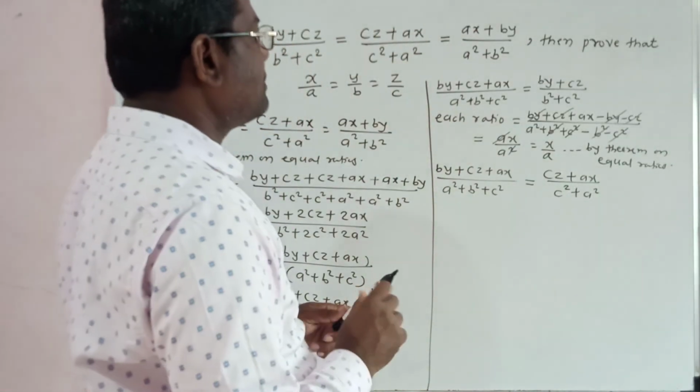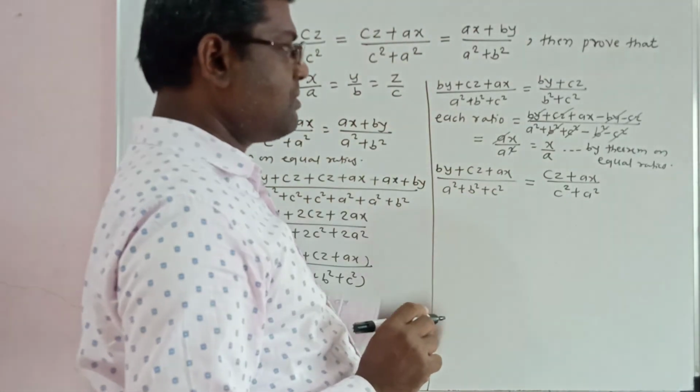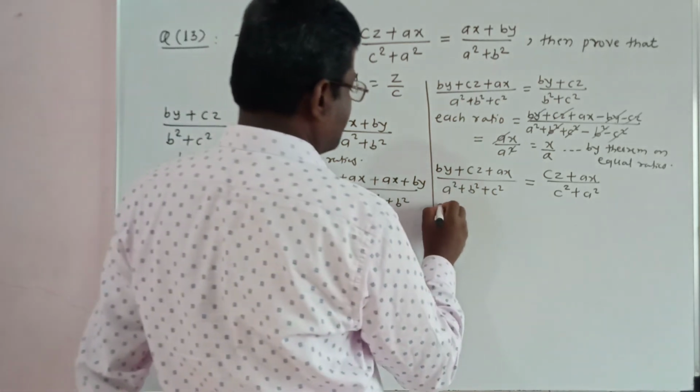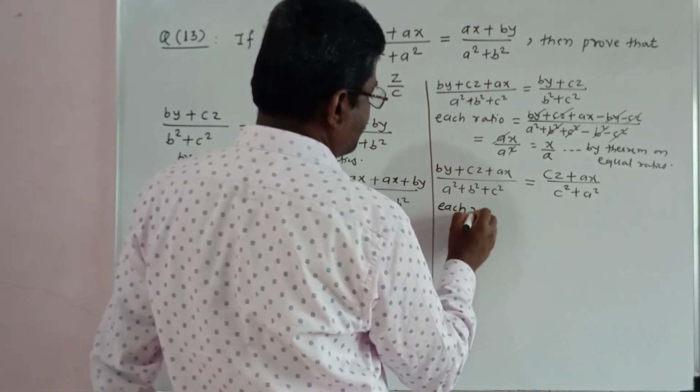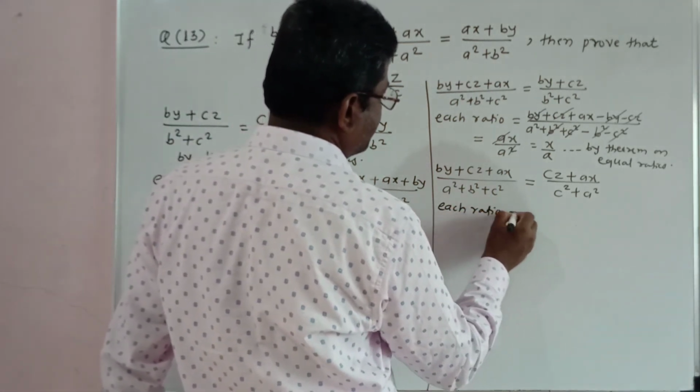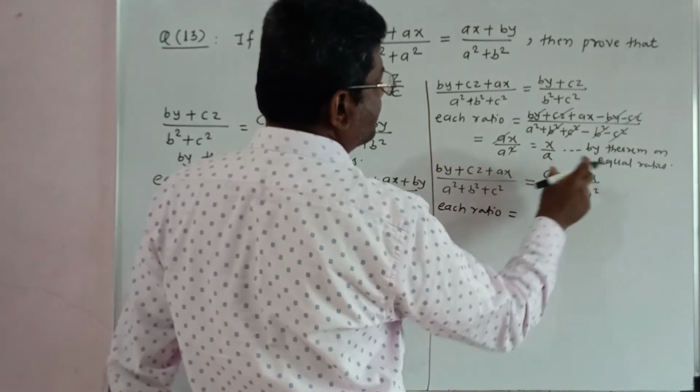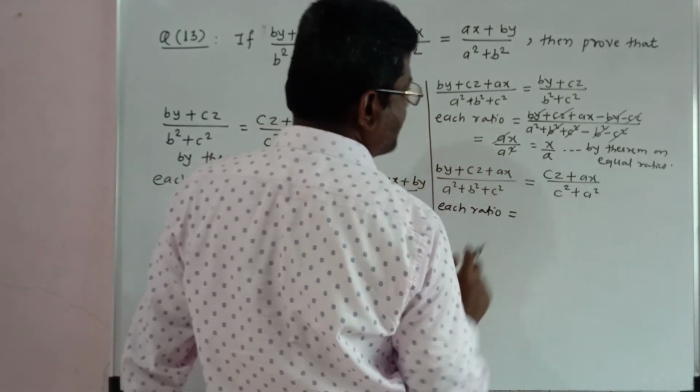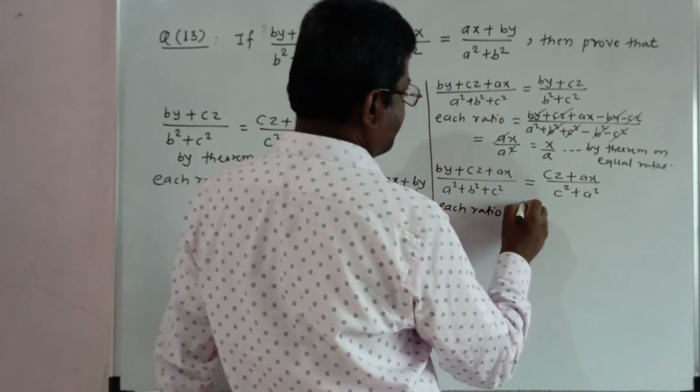Now here also use theorem on equal ratios. Then each ratio is equal to numerator minus numerator upon denominator minus denominator.